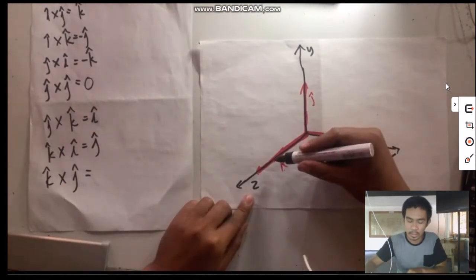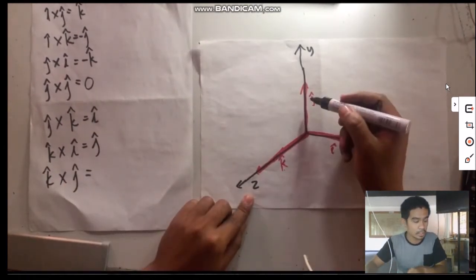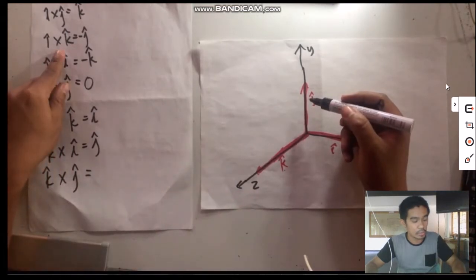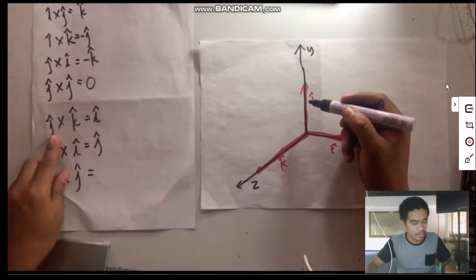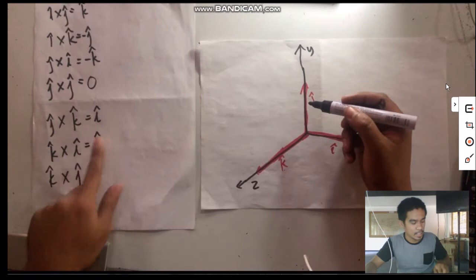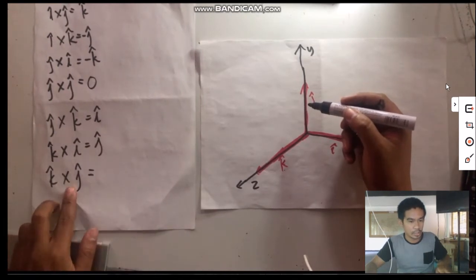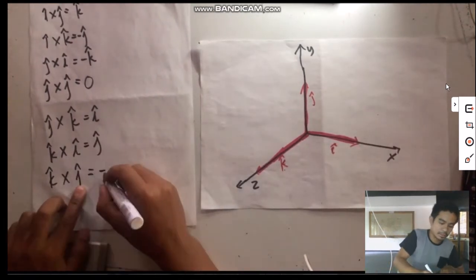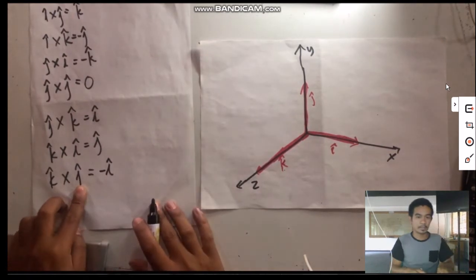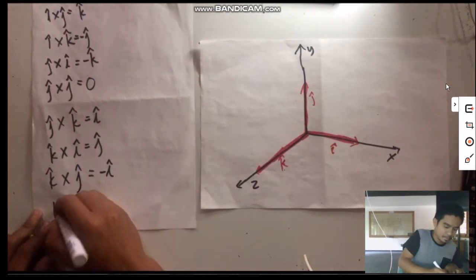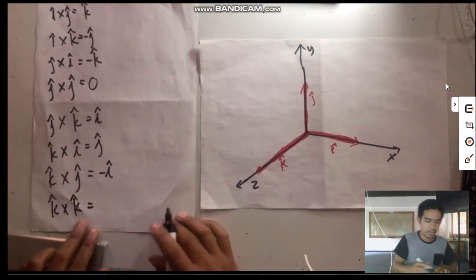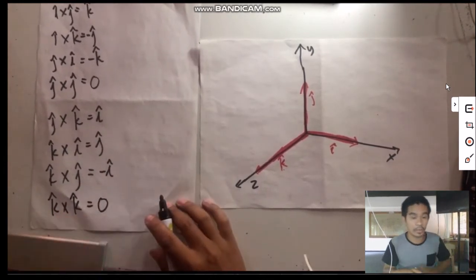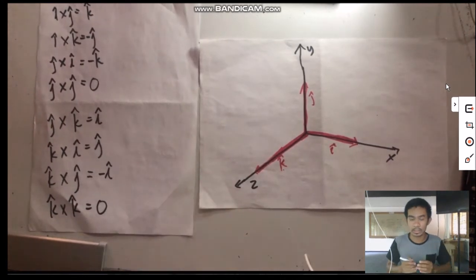Since j hat cross k hat is i hat, then k hat cross j hat should be negative i hat. And then k hat cross k hat is equal to 0, since these two unit vectors are pointing in the same direction.